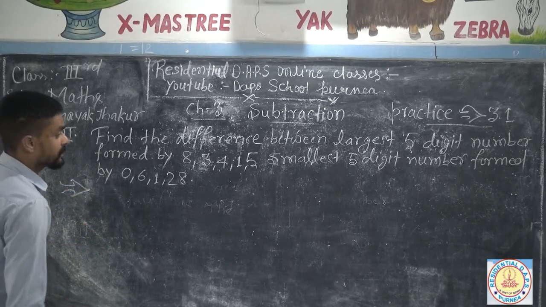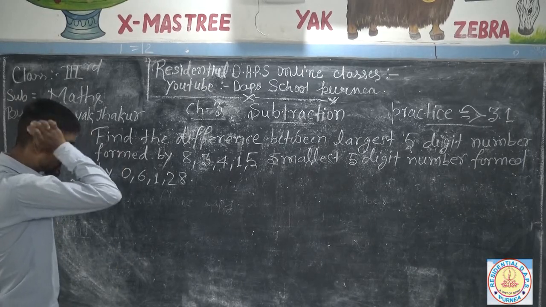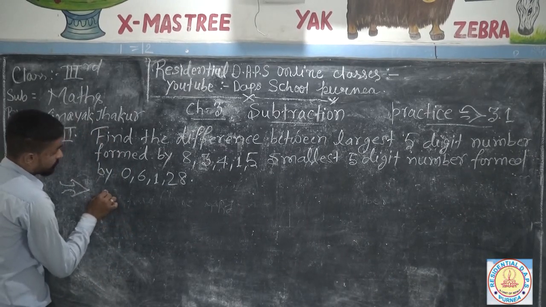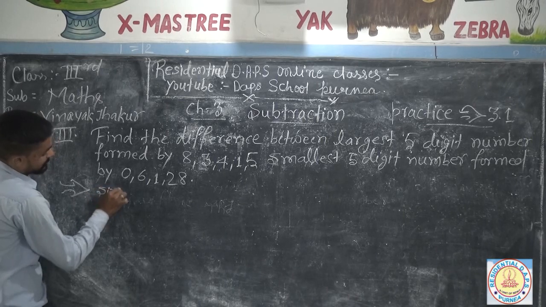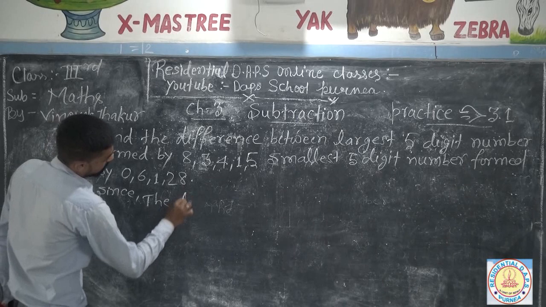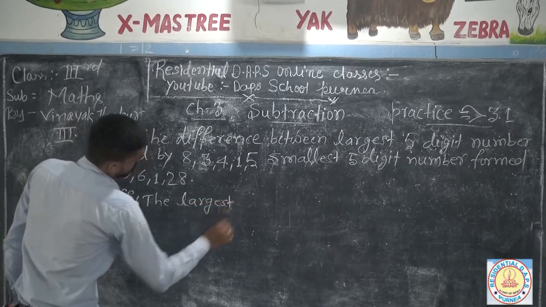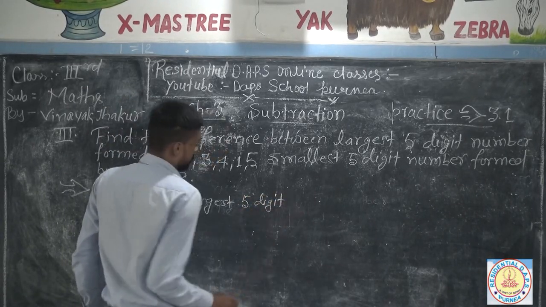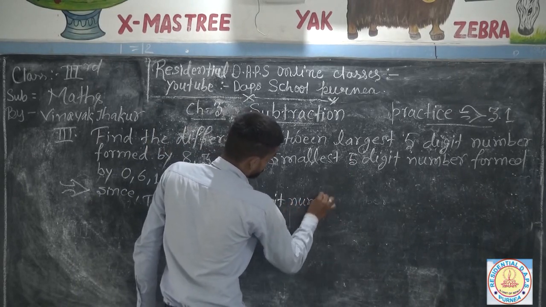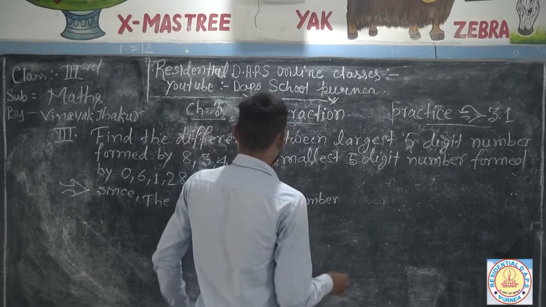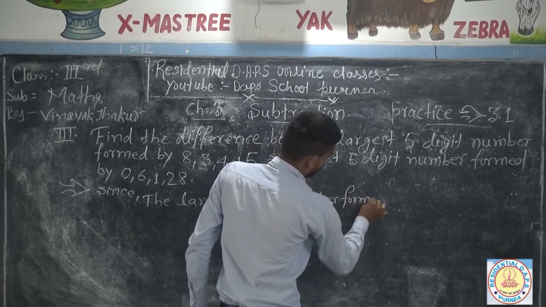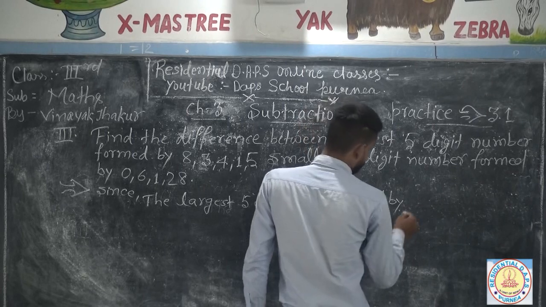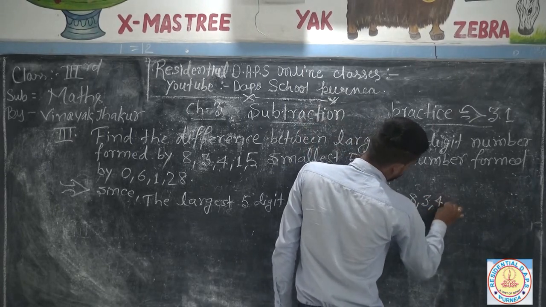So find out the difference between the largest 5-digit number formed by these. So the largest 5-digit number formed by 83415.